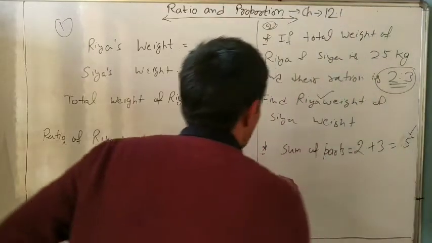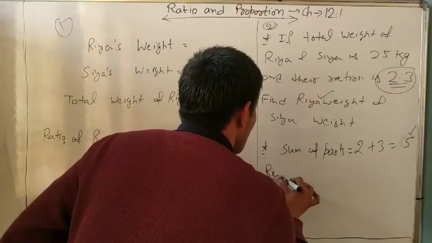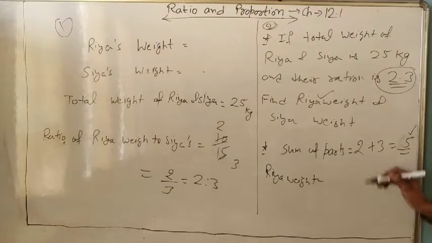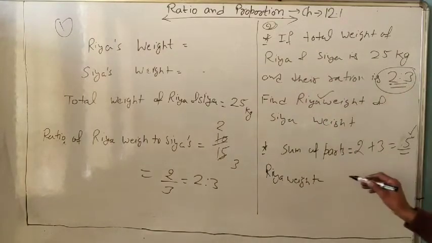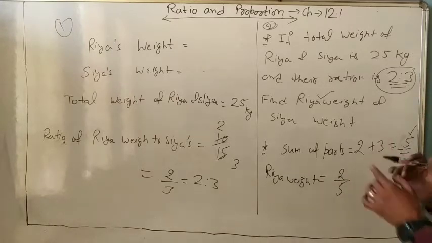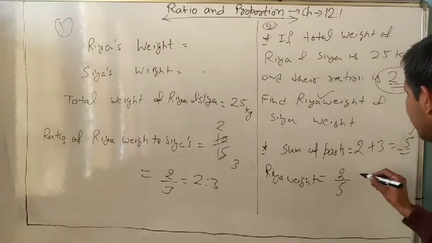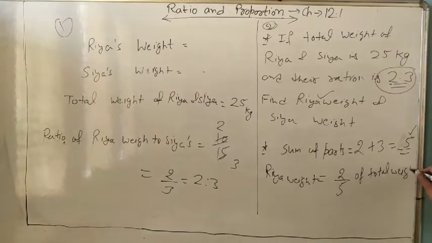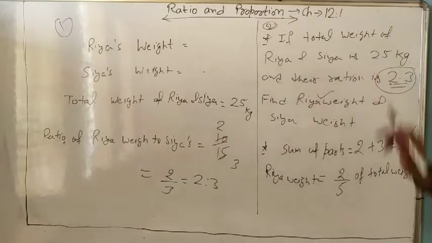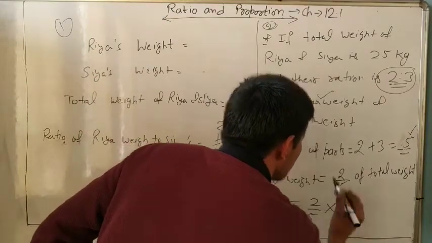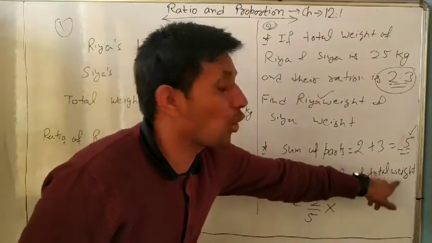So what can you write? Riya's weight: total parts are 5 and Riya's part is 2, so 2 out of 5 of the total weight. 5 is not the total weight, the total weight is 25. So Riya's weight is 2 upon 5 multiplied by the total weight.